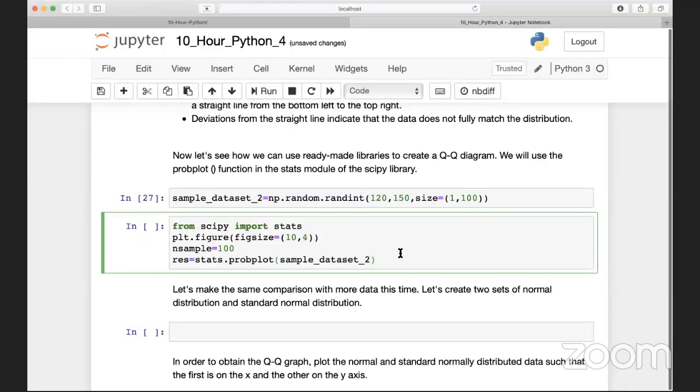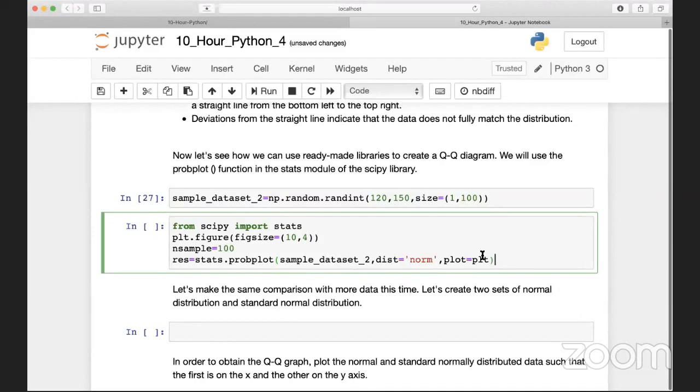What else we got? Probplot, sample data set 2, dist='norm'. If you define the distribution, it's your benchmark distribution. You can check the manual of probplot and you see that you have other options for distributions. But here, for the sake of this practice, I will use normal distribution as a benchmark method.